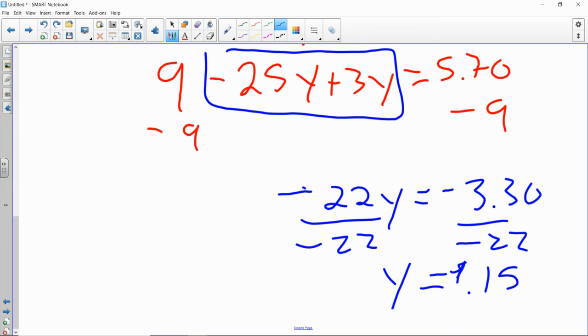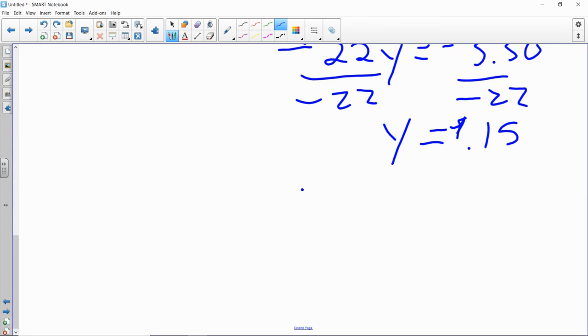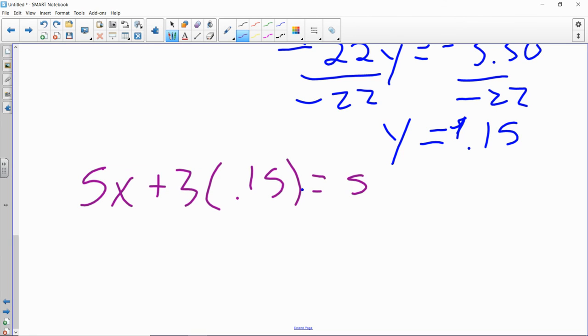And now I can go back and use either of my 2 original equations to figure out the price of fudge. So I'll use that first equation. We had 5X plus 3Y, but now I know Y is 15 cents. And that gives a total of 570. So when I multiply, I get 45.